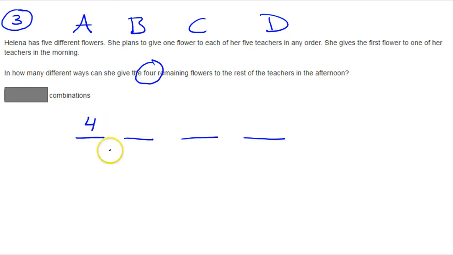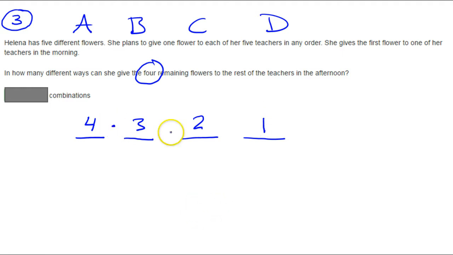So there are 4 ways it could go for the first teacher. Now, once the first teacher gets a flower, though, how many ways are left for the next teacher? All right, that leaves 3 left for the next teacher, which leaves 2 flowers to choose from for the third teacher, which means that for the last teacher, there's only 1 flower left.